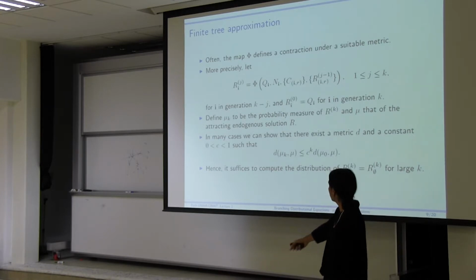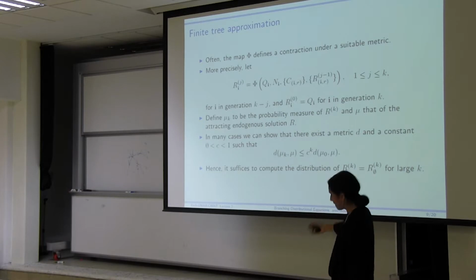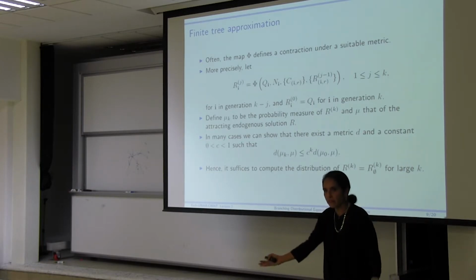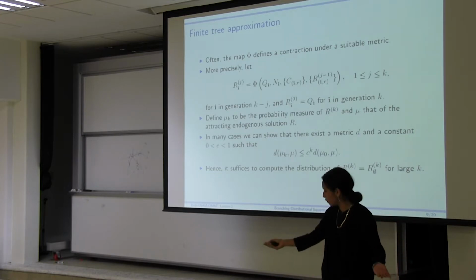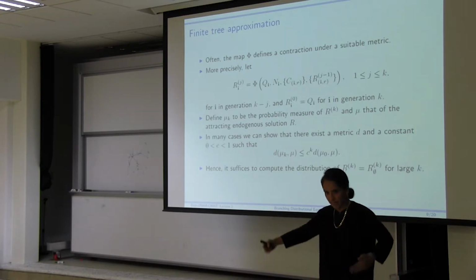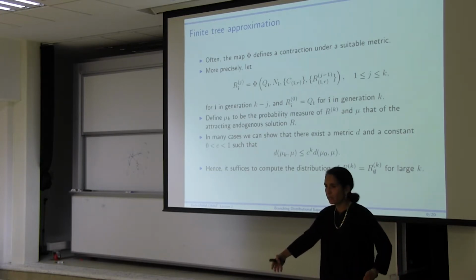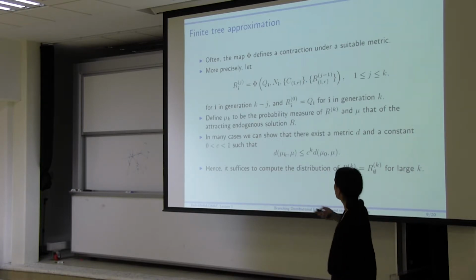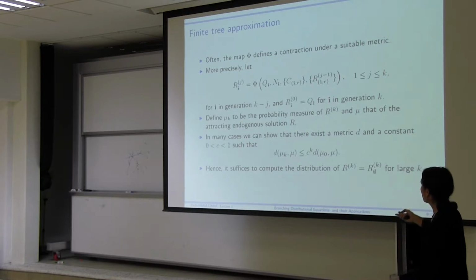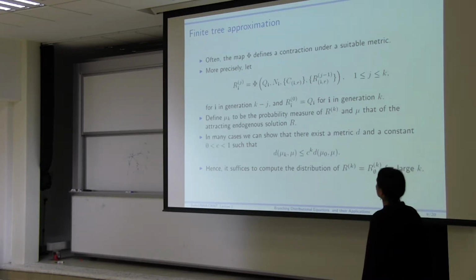I run my tree for a large number of generations, let's say j, and then I can think of it as starting with the leaves and computing the map at the leaves, then use that to compute a smaller set at the second level, j minus 1, then use those to compute a smaller level at j minus 2, all the way until I get to the very top, the root of the tree, in which case I should have something fairly close to what I'm looking for.